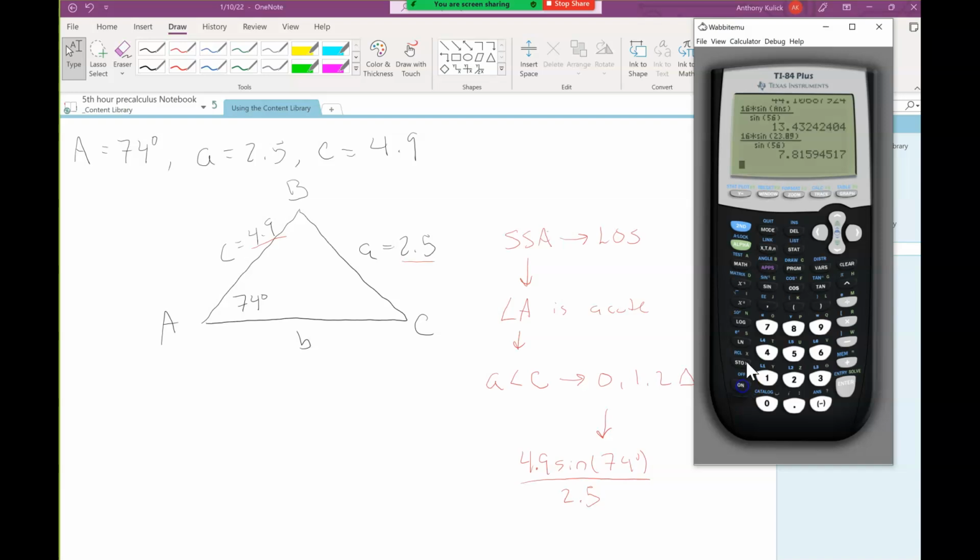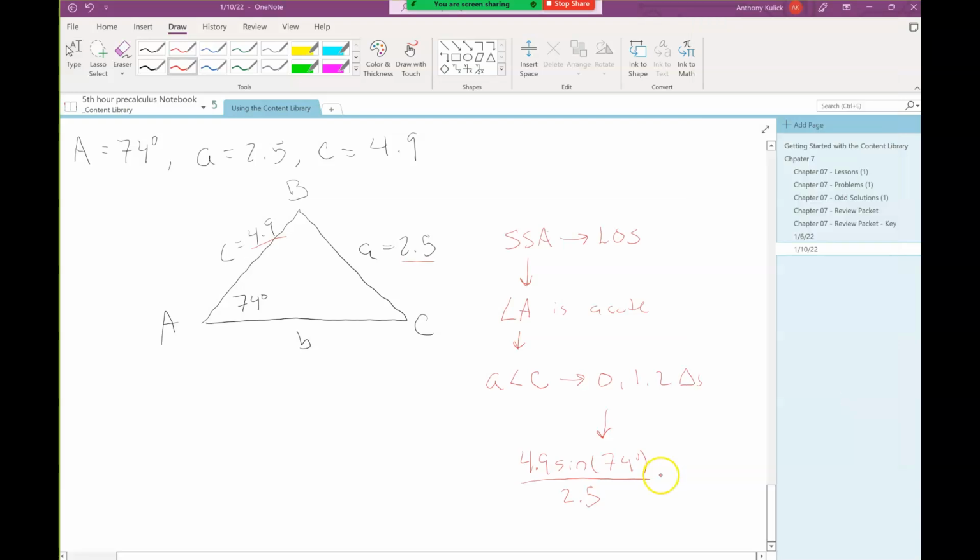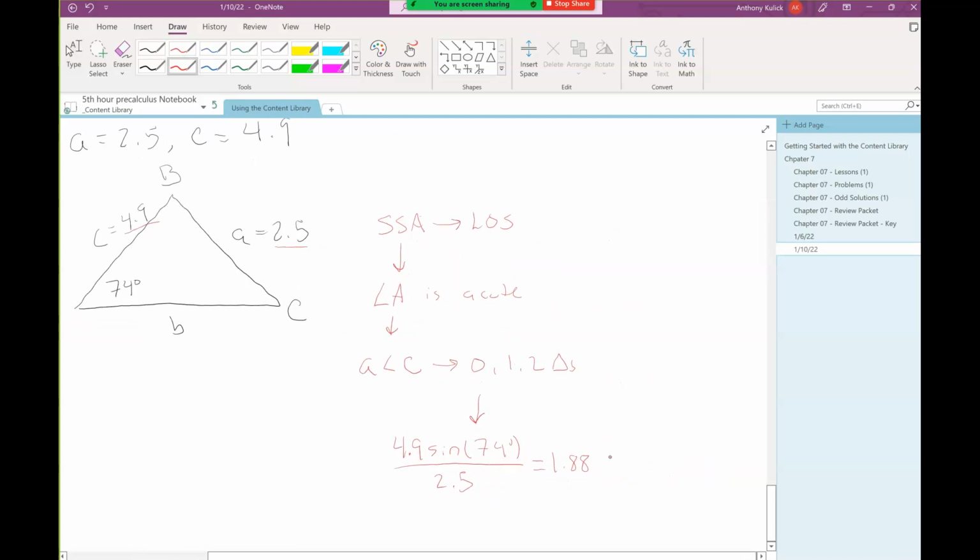So let's go type this into our calculator. See what we get. I get 1.88. Oh! Well, that's cool. That's bigger than 1.